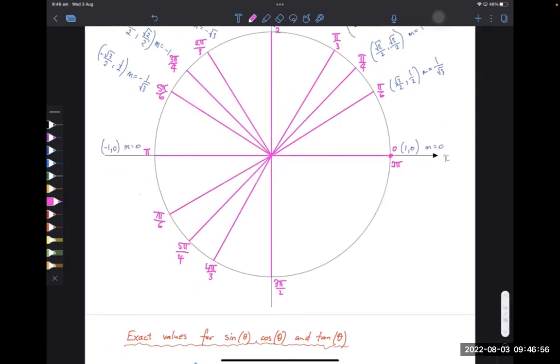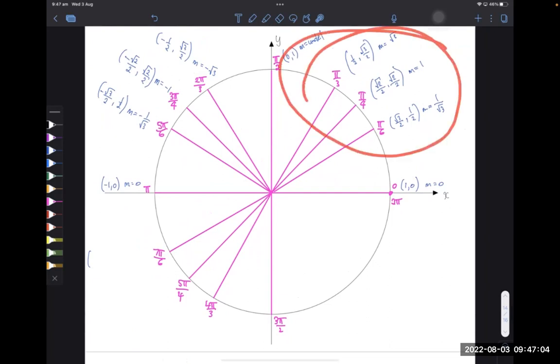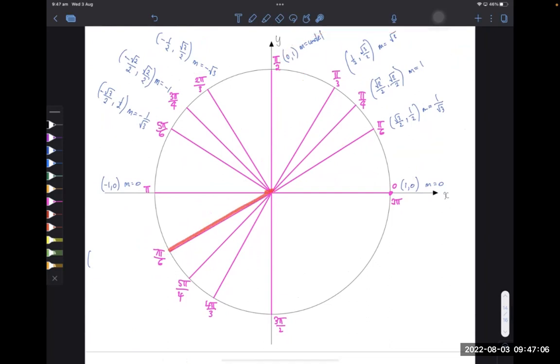Okay, again, write out your values. What do you notice about the x value and the y value now? So notice I'm going to use this one as a reference, right? Can you see how this one is similar to this one? Except what happens to the x value? All right, one's positive, one's negative. So this one here is negative.